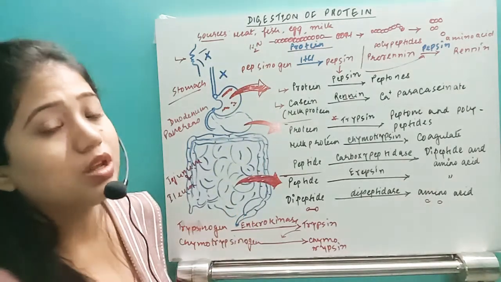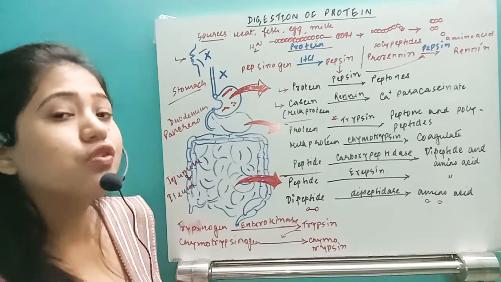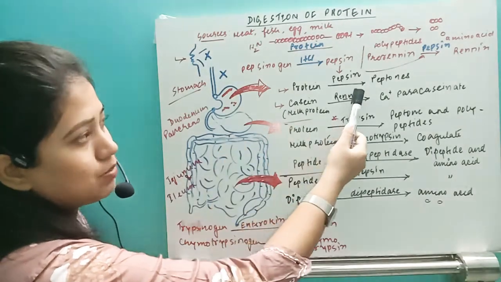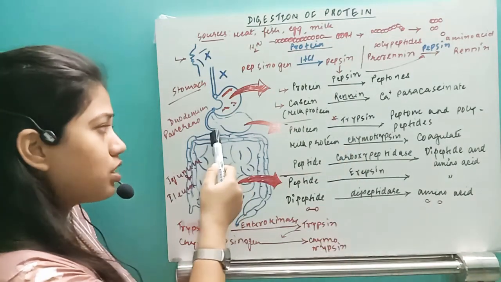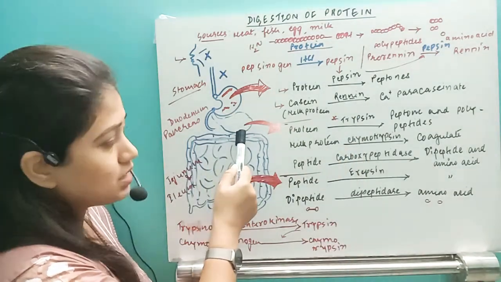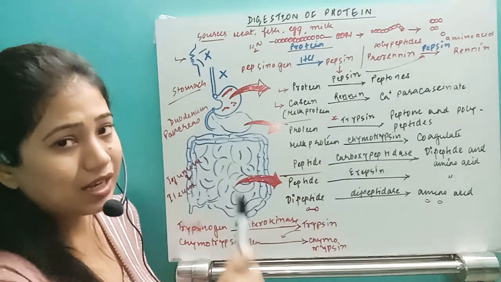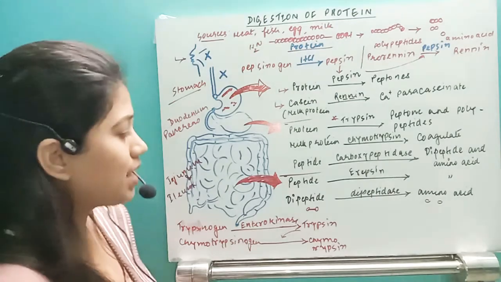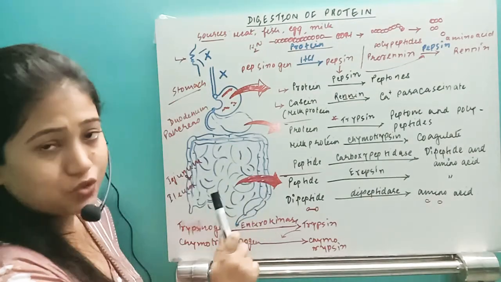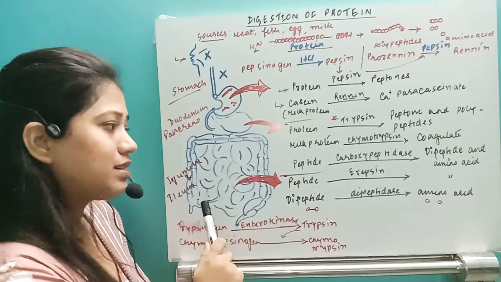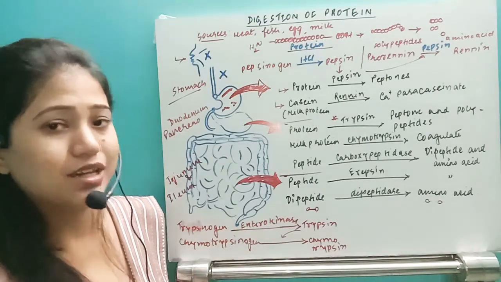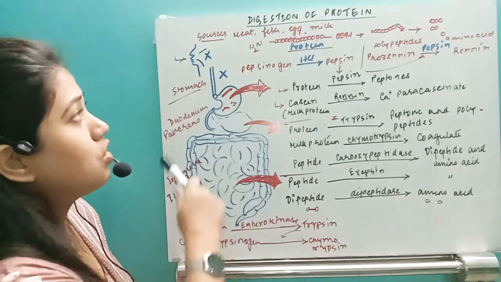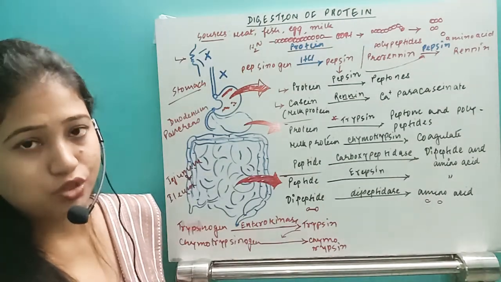Protein digestion will start in the stomach by the enzymes pepsin and renin, go to the duodenum by the pancreatic enzymes trypsin, chymotrypsin and carboxypeptidase, and be converted into polypeptides, and it will go to the jejunum and the ileum. It will be acted upon by erepsin and dipeptidase and converted into the unit state, that is the amino acid. So this way the digestion of protein occurs.